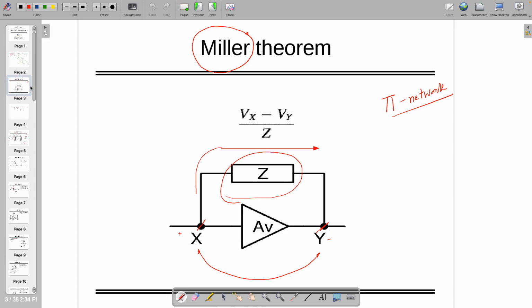Miller theorem. Amit wants to say something. Okay, Sir, when the two points x and y are not equipotential, so there, very good. Then that resistance should be what is it? No, this is correct. But what else?